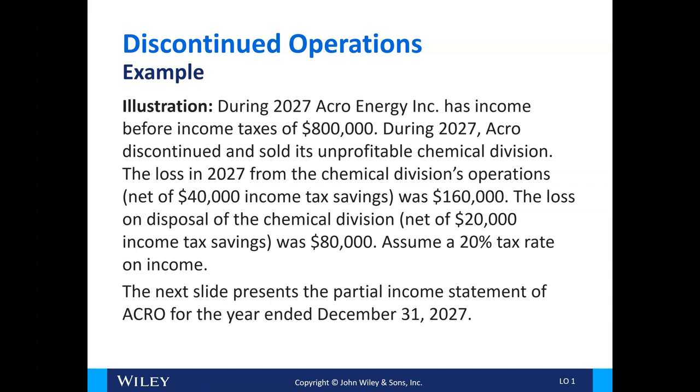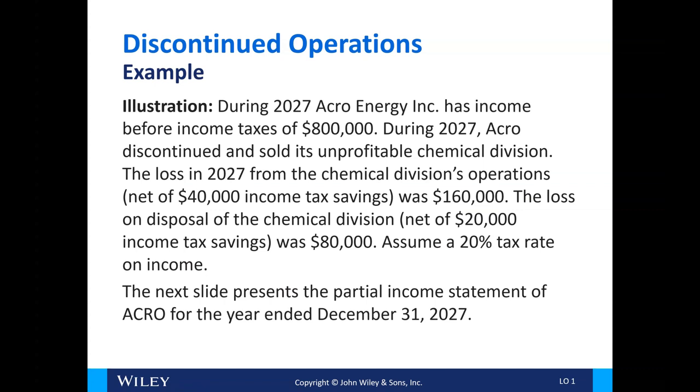During 2027, Acro Energy had income before taxes of 800,000. During 2027, Acro discontinued and sold its unprofitable chemical division. The loss in 2027 from chemical division's operations, net of 40,000 income tax savings, was 160,000. The loss on disposal of the chemical division, net of 20,000 income tax savings, was 80,000.